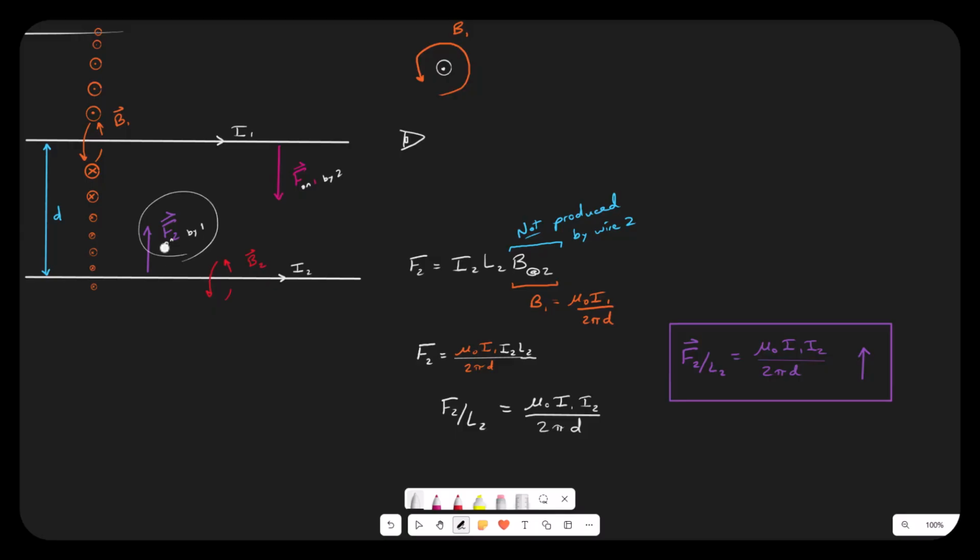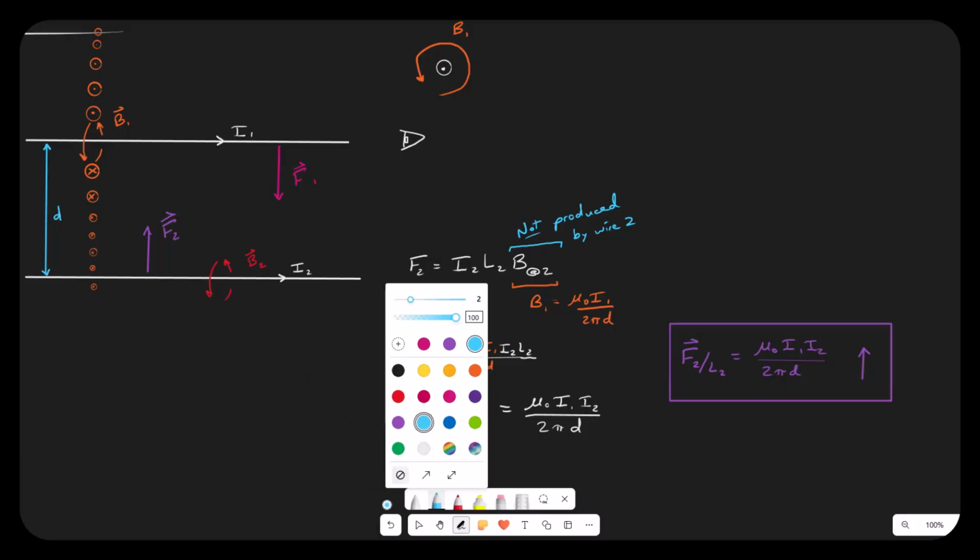Newton's third law says that the force that A exerts on B is equal to and opposite the force that B exerts on A. It guarantees that these are equal in magnitude and opposite in direction. So I don't have to do a whole lot of work, honestly. I can look at this and say, there's my force on wire 2. It points upward.